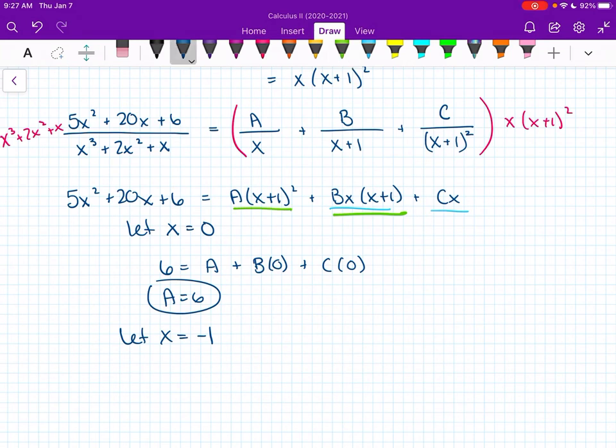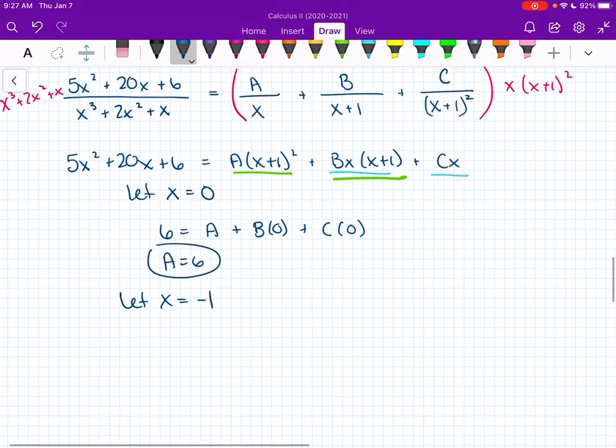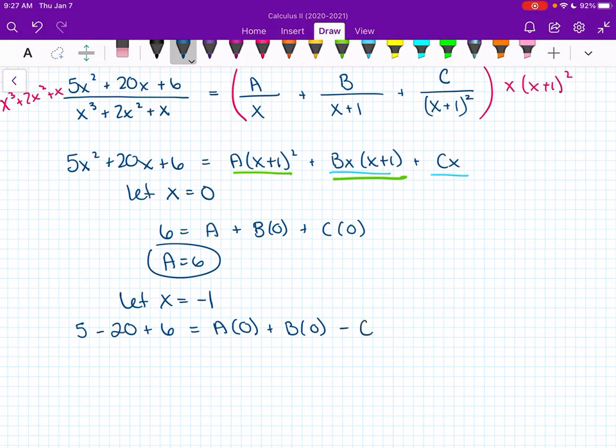So then I can find the value of c. If x equals -1, I get 5 minus 20 plus 6 equals a times 0 plus b times 0 minus c. So then I end up with 9 equals c. So now I have c.